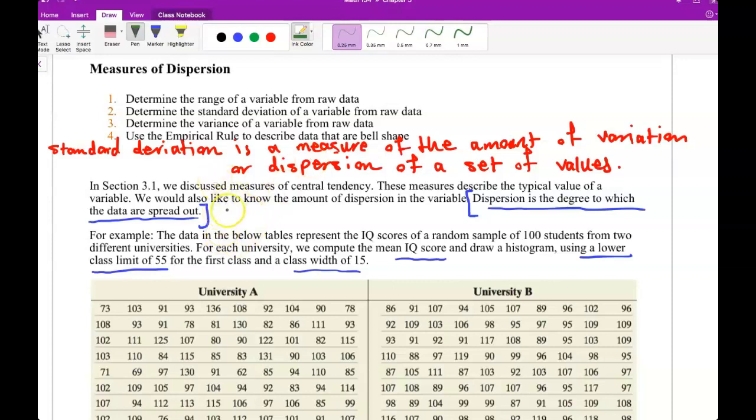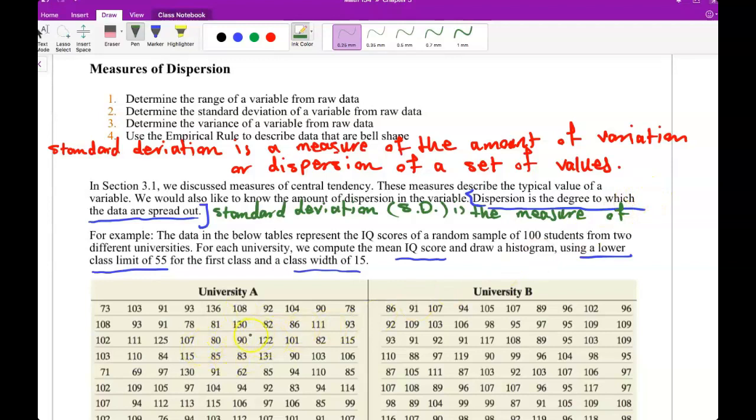Or we can say standard deviation, I'm going to use SD, is the measure of how spread out the numbers are in a sample.